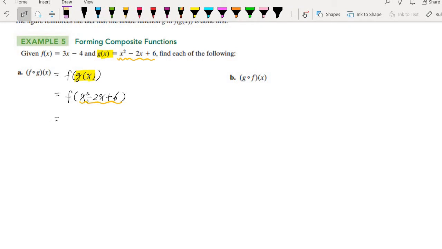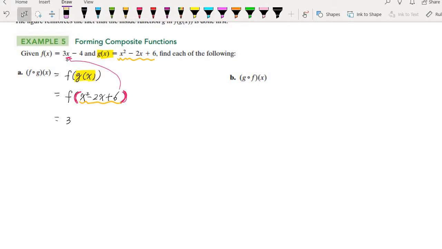Anytime you have this parenthesis, as we mentioned in the past, any x you see, you replace with whatever is inside your parenthesis. Do you remember I mentioned in the past, even if it's a dollar sign or triangles, we just replace whatever's inside your parenthesis for your x. So let's do a substitution now.